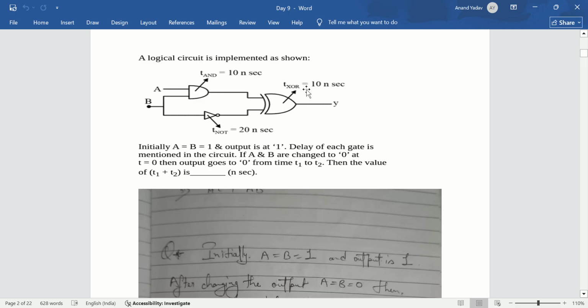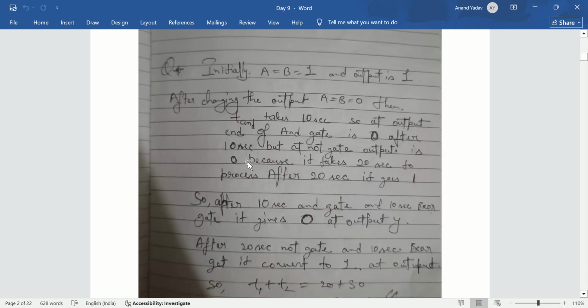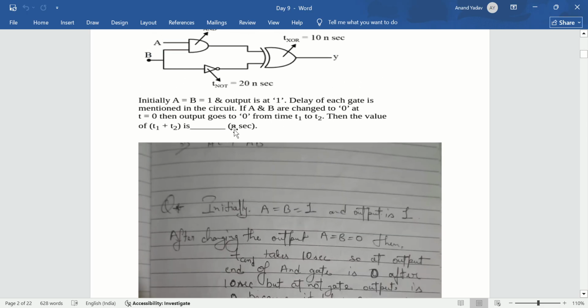Before that it gives after only 10 nanoseconds, so there is a difference of 10 nanoseconds.